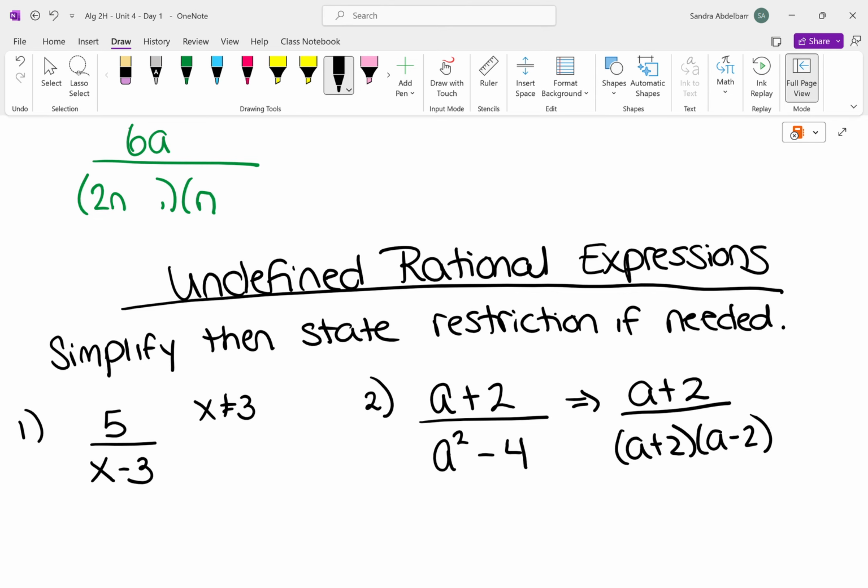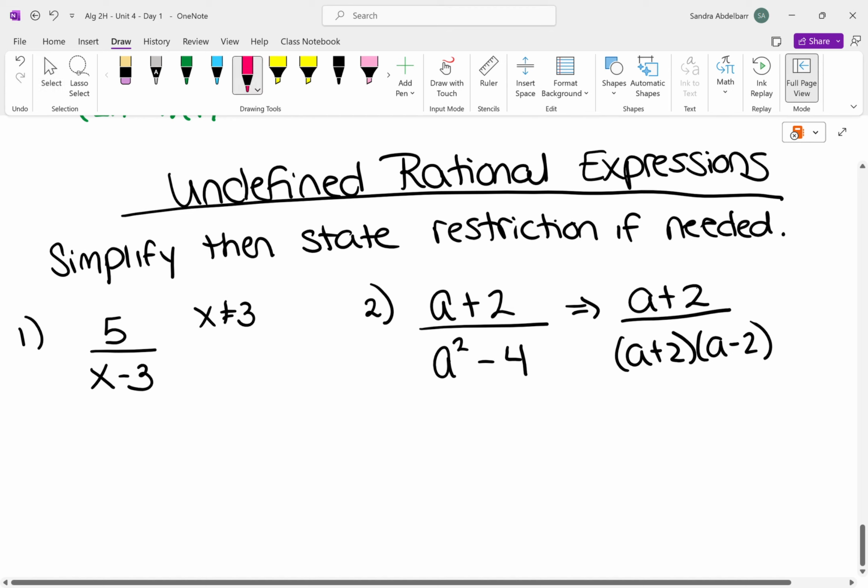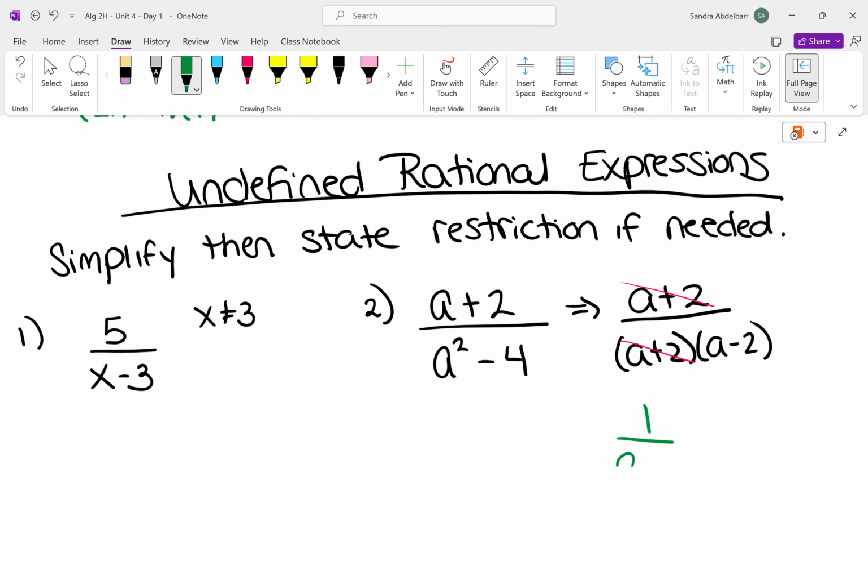Good. We need to simplify this, so we need to factor. So we're going to have an a plus 2 and an a minus 2. If we're simplifying first, don't the a plus 2's cancel? So now I'm left with 1 over a minus 2. Now after I simplified, what is my restriction? A cannot equal 2. You got it.